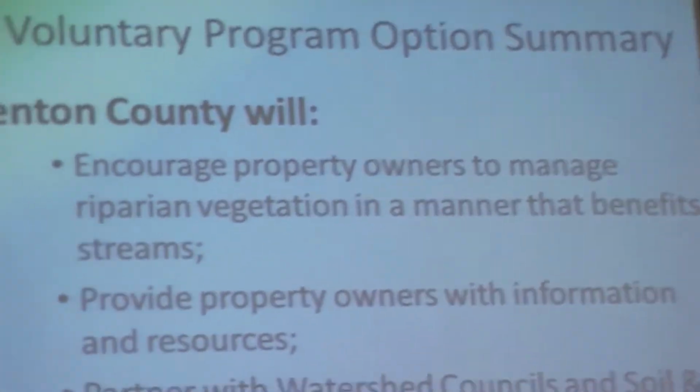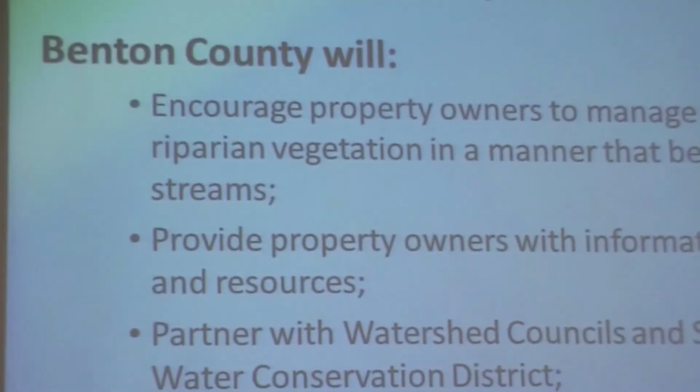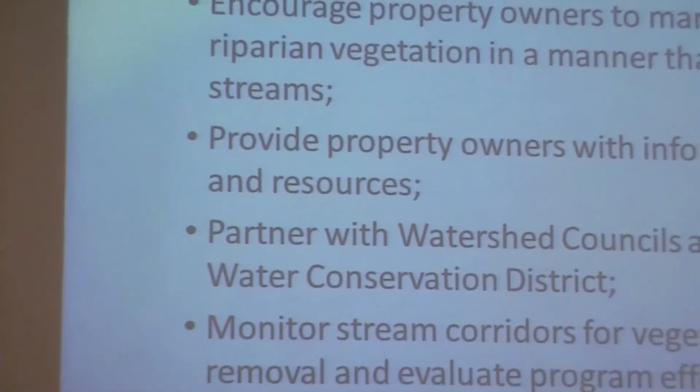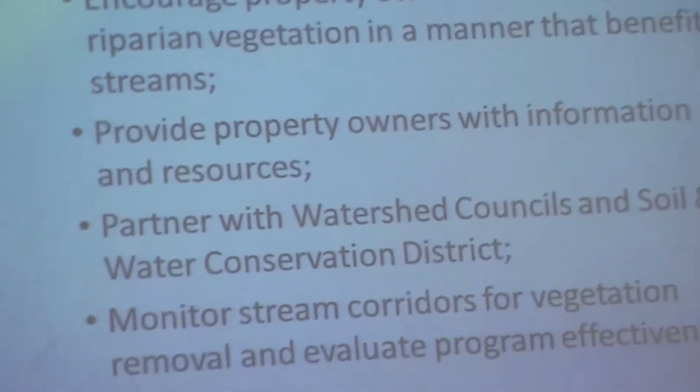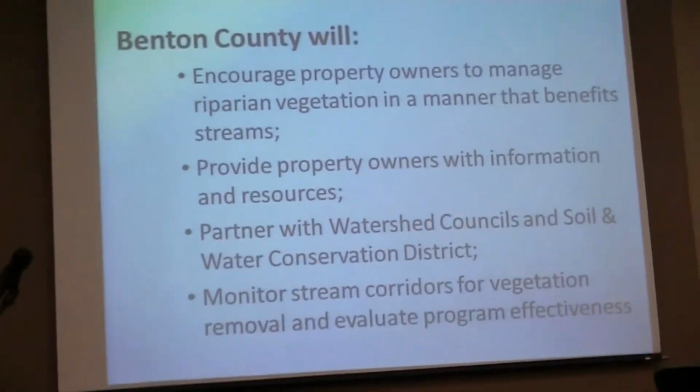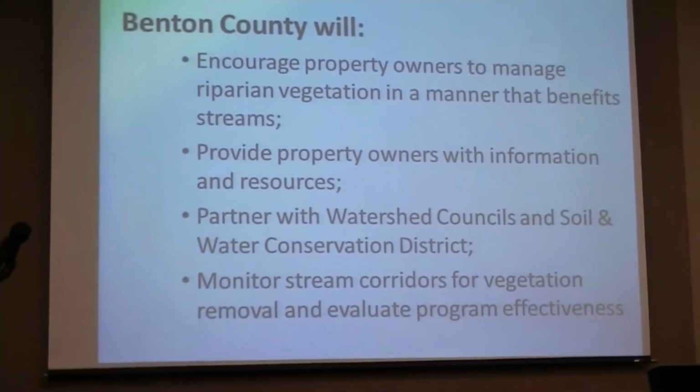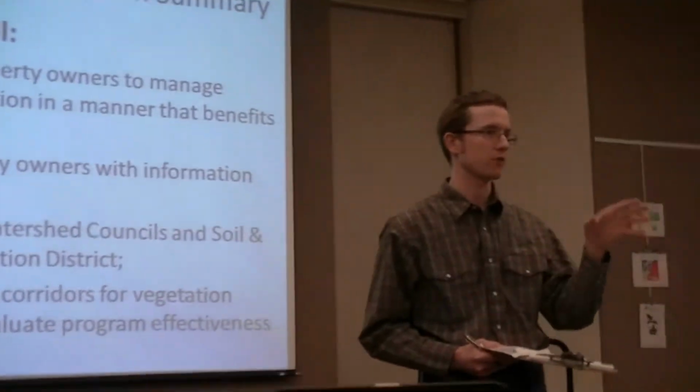We're going to focus and lead with encouraging property owners to manage riparian vegetation in a specific way that enhances the functions and values of that stream. And there's a lot of partners that we have already been talking to.